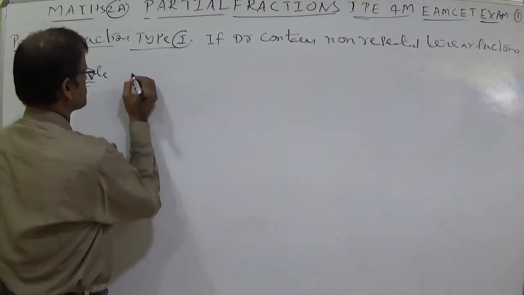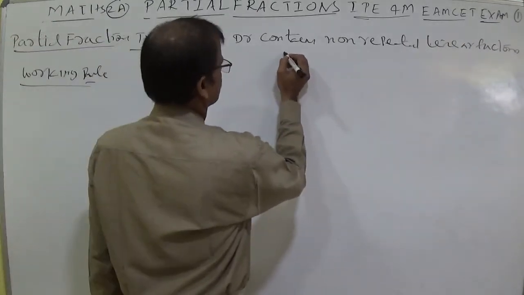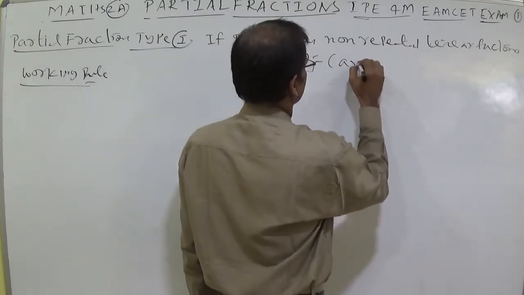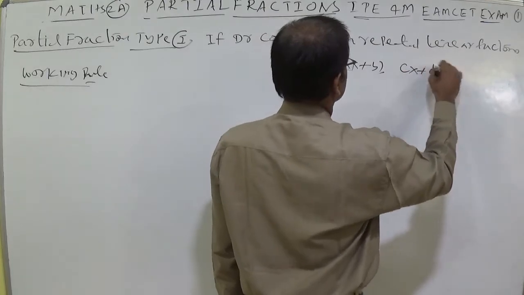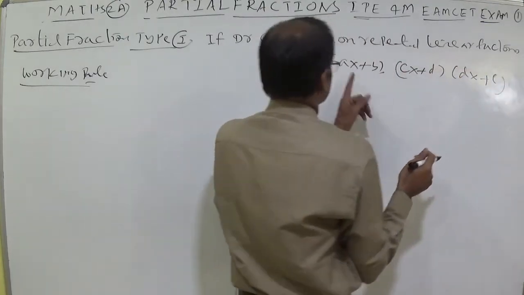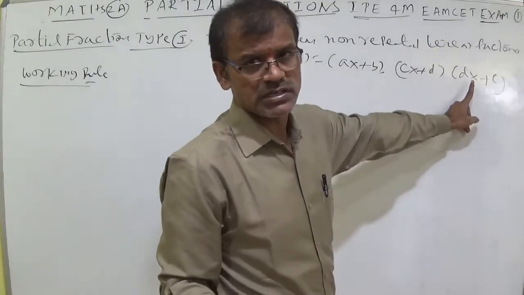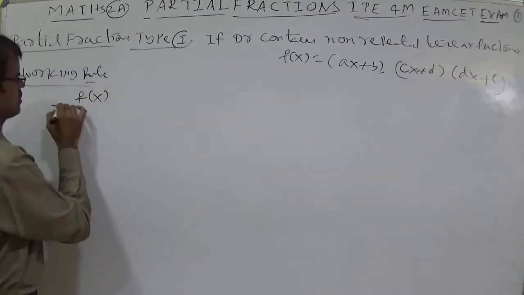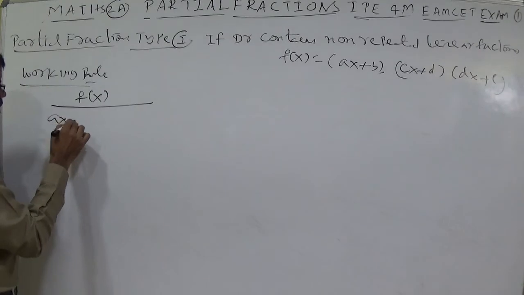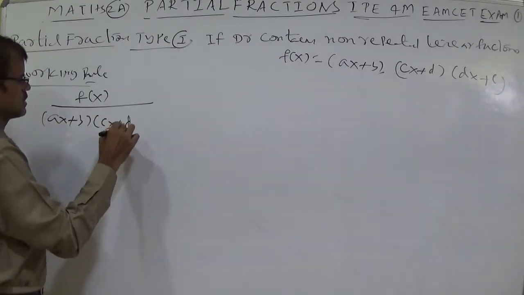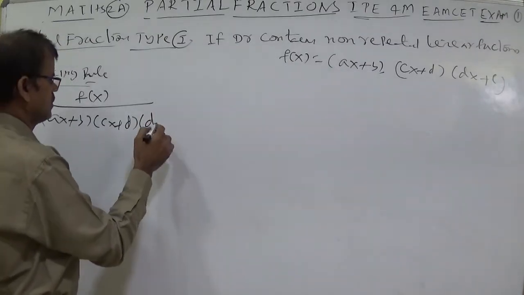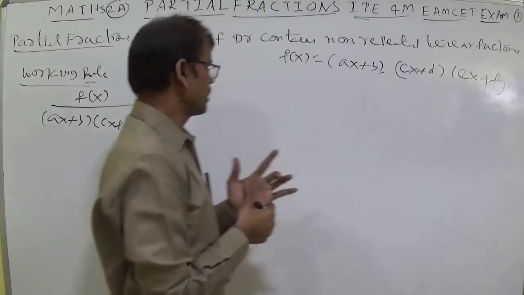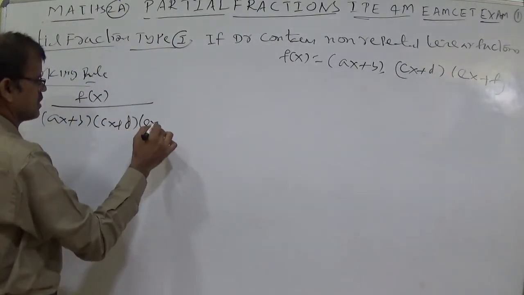If the denominator polynomial contains non-repeated linear factors, like ax plus b, cx plus d, ex plus f, each is x of degree 1 with a constant. Example: f of x by ax plus b into cx plus d into ex plus f. There is no rule that certain letters should not be used.